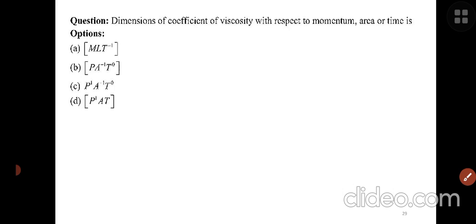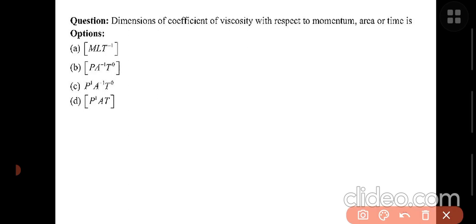Dimensions of coefficient of viscosity with respect to momentum, area or time is. Four options are given. This problem will be a little bit confusing if you are not sure. It will be definitely a confusing one. Which one will you choose?